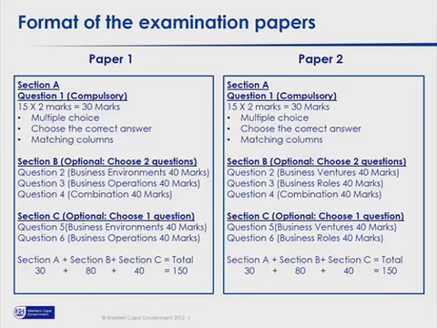All the topics under business roles will fall under question 3. Question 4 will again be a combination question, where 20 marks will be on business ventures and 20 marks on business roles. In section C, again, there are 2 essay questions, of which you do one. Question 5 will be a topic under business ventures, and question 6 will be a topic under business roles.